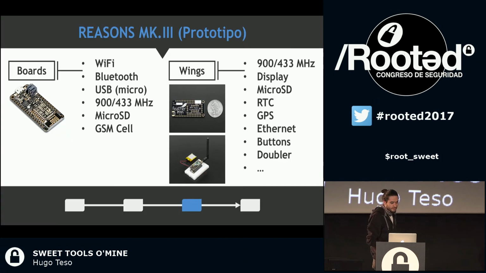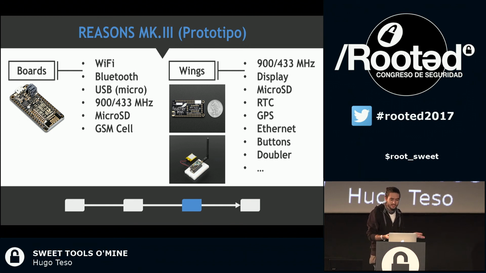And for that prototype, out of convenience, I decided to use the Feather range, made up of small boards with microcontrollers that meet these requirements. We have a number of boards. Some of them have Wi-Fi, others Bluetooth, others USB. They operate at 900 or 433 megahertz, and there are micro SD and GSM cells.